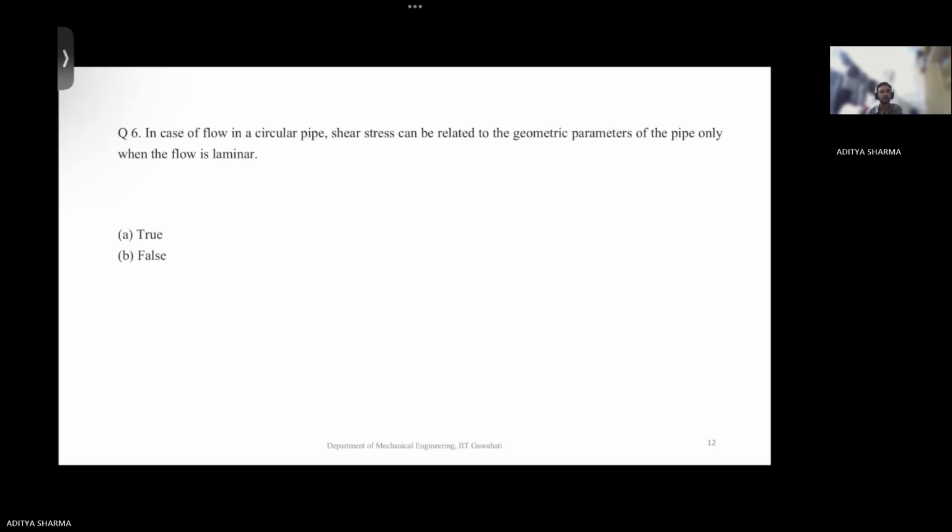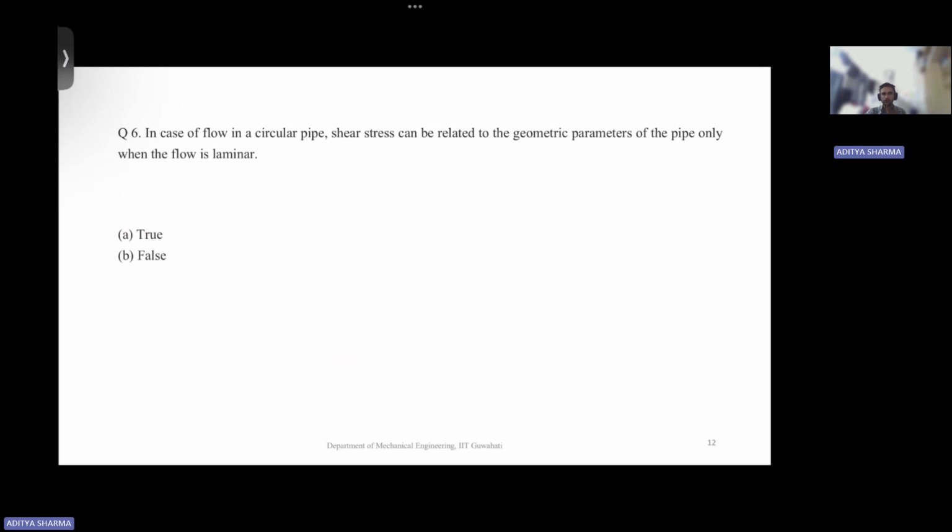Question number 6 says that in case of flow in circular pipe, shear stress can be related to geometric parameters of the pipe only when flow is laminar.